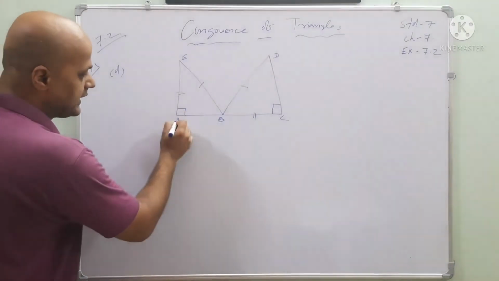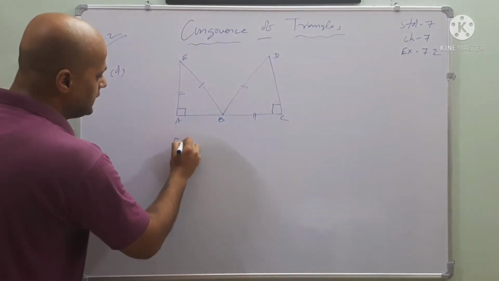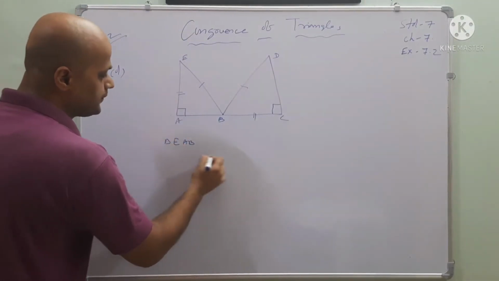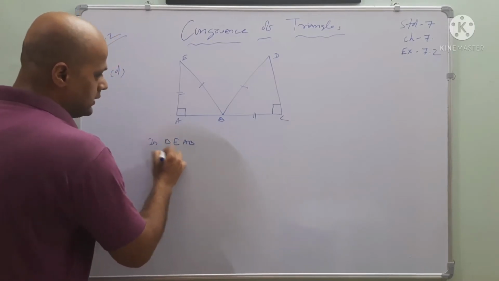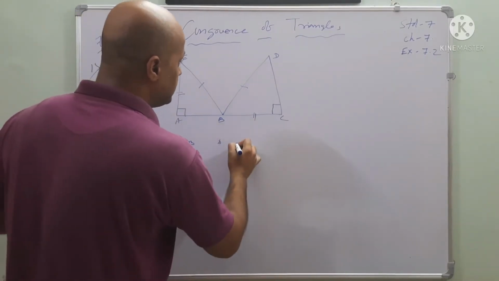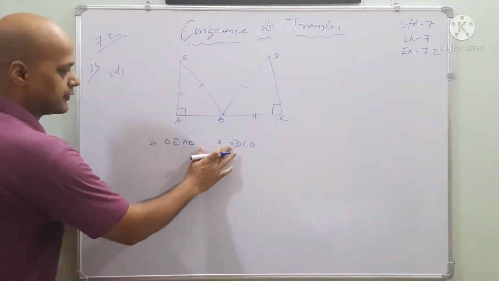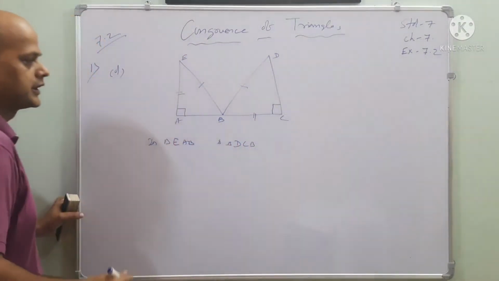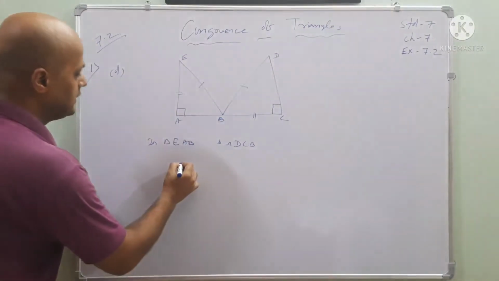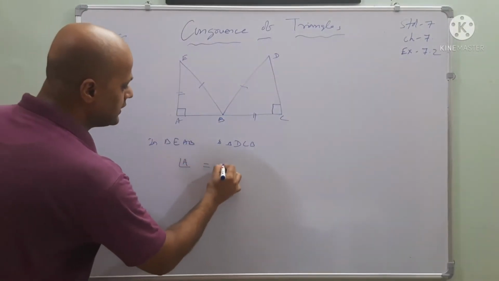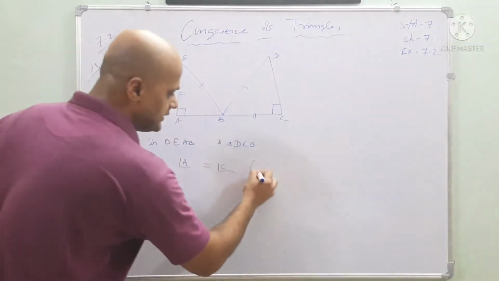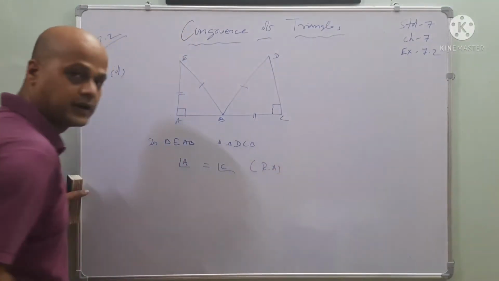Because it is formed at the 90 degree angle, right here triangle EAB and triangle DCB, or BCD, whatever it will be. What are the statements given? Angle A is equal to angle C. This is a right angle. Understood?